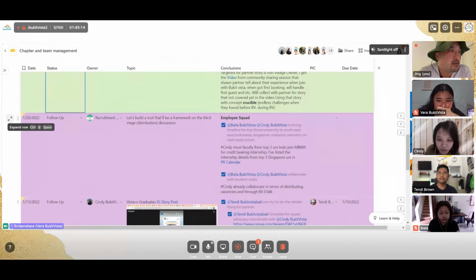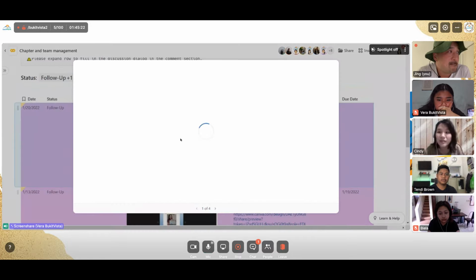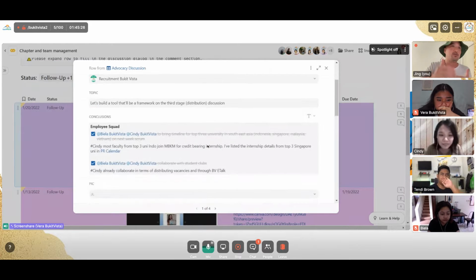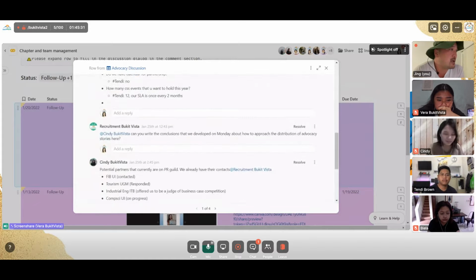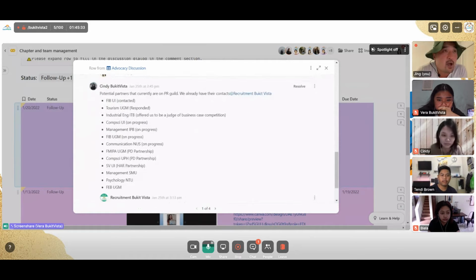Excellent. And for the next one, the student clubs, we are starting to collaborate with them in terms of distributing vacancies and through BV itself. Okay, that sounds good. So we're actually getting a framework for scheduling, getting the timing for our awareness and events set up. That sounds strong.